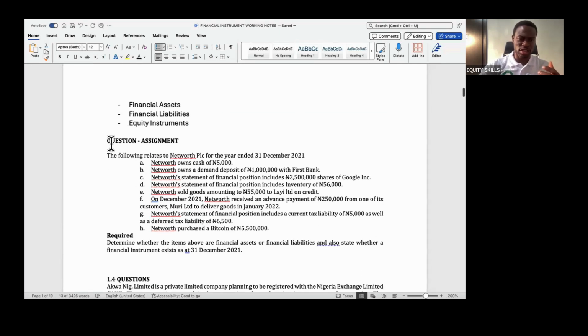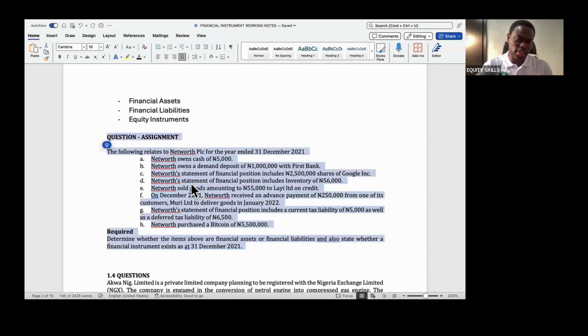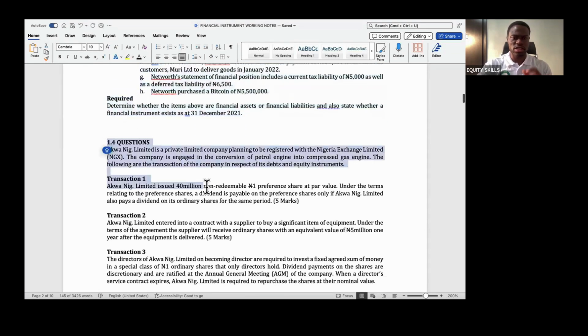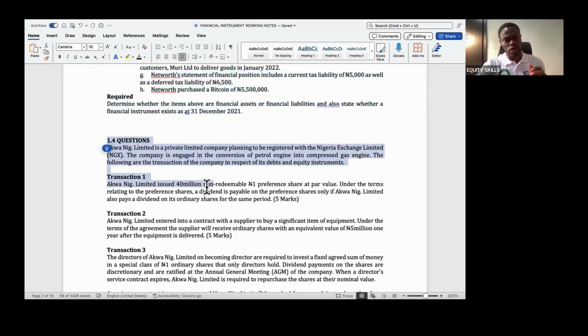We started with this, and each of you participated in this question, where we were able to identify whether net worth has a financial asset or a financial liability, and also whether a financial instrument exists. And we also used this past question, a November 2024 past question, question 6 for 15 marks.